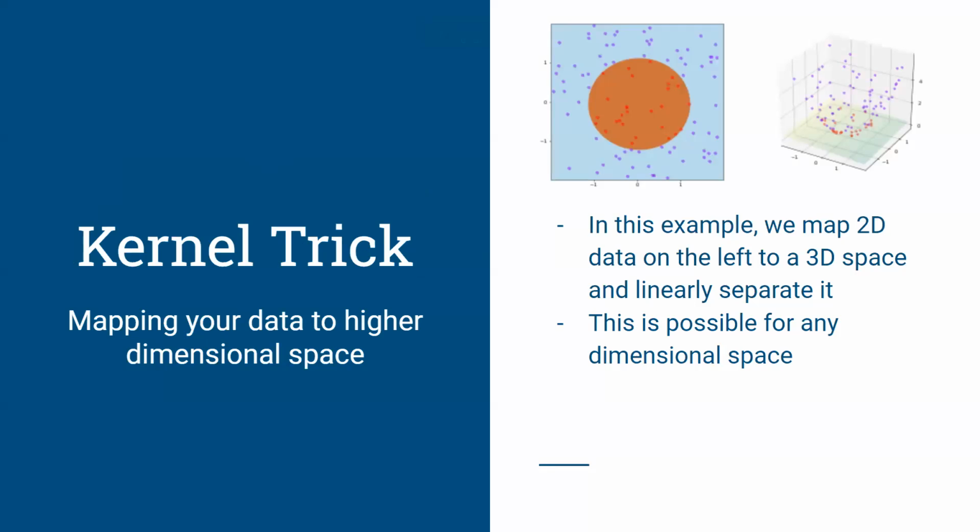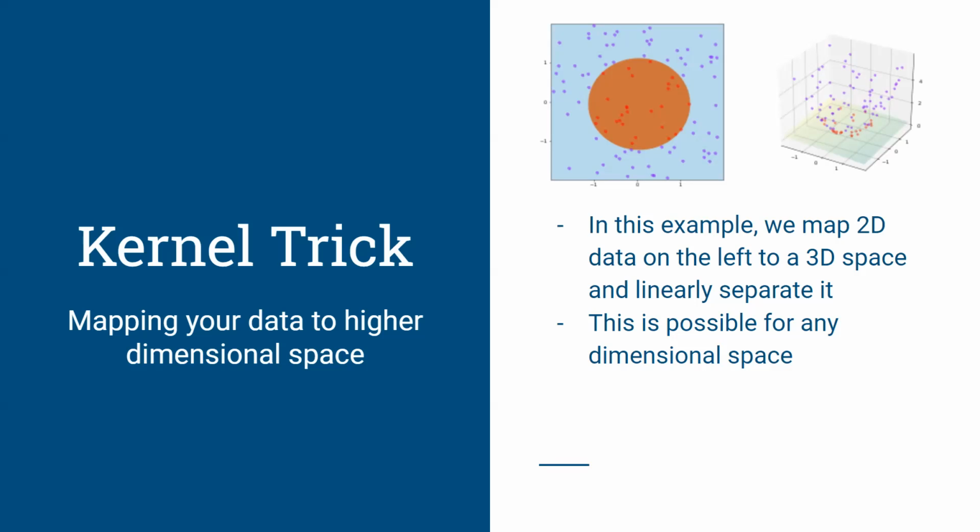Let's consider this graph on the left. We can see that the orange data is in a circular area, and you're not going to be able to make a line to cleanly separate that. Using this kernel trick, we can project our data to a higher dimensional space. We can multiply every point in there by, say, x squared, and then we're able to basically just space it out.